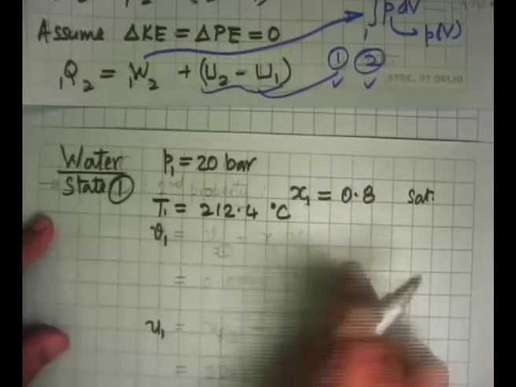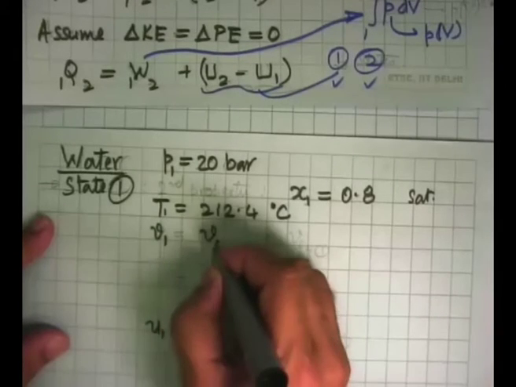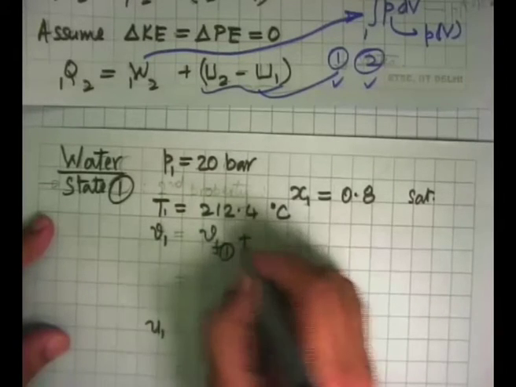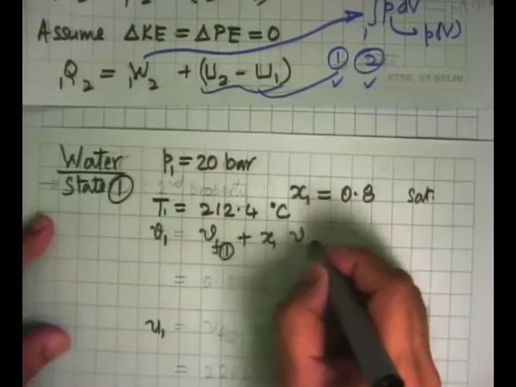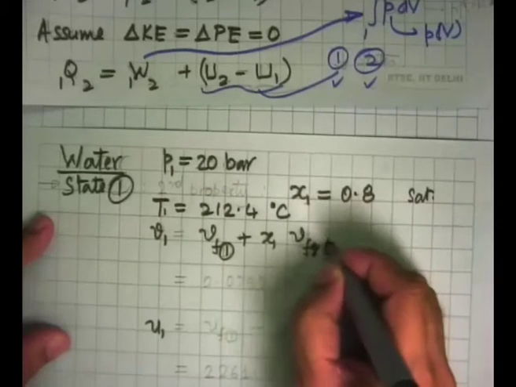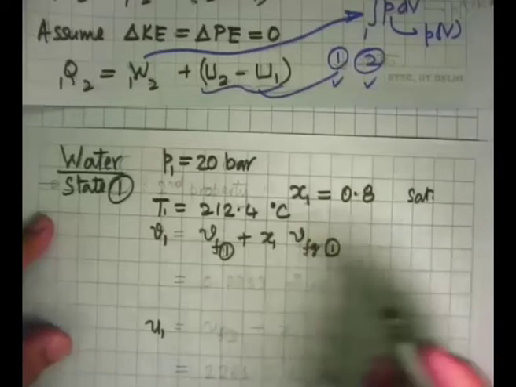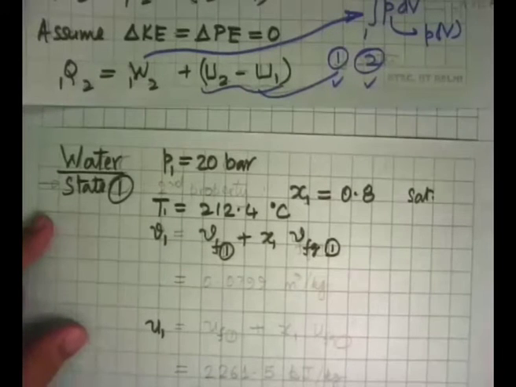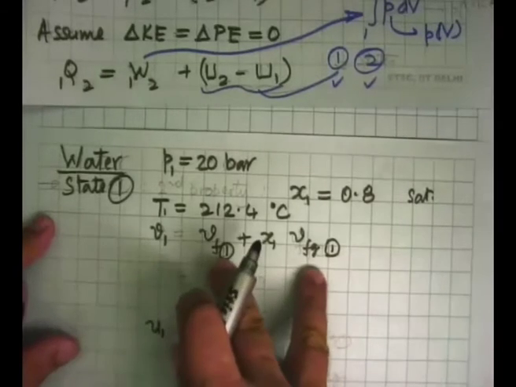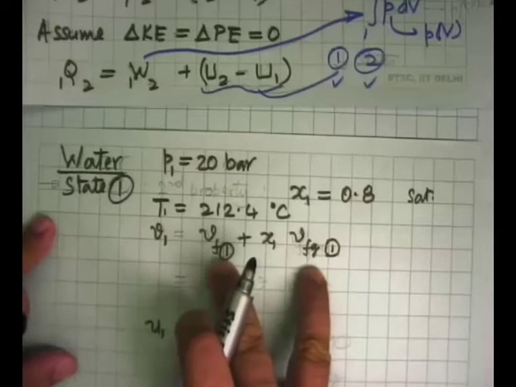Okay, then for V1, we'll get this is Vf in state 1 plus x1 times Vfg in state 1. Vfg is Vg minus Vf. So, although there are two terms looking here, they are one and the same.